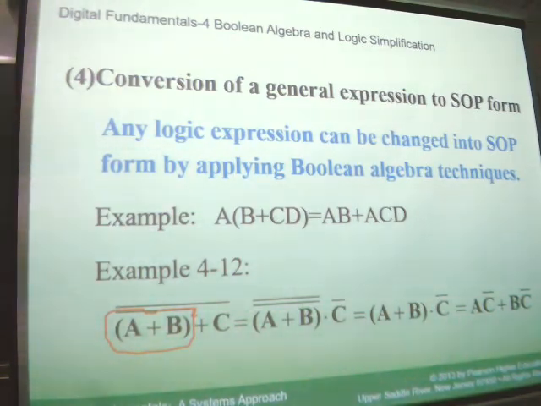This one plus this one, overbar, equals this one bar and C bar, right?